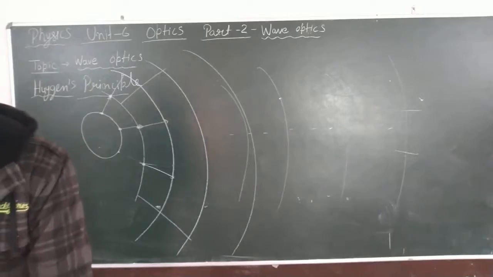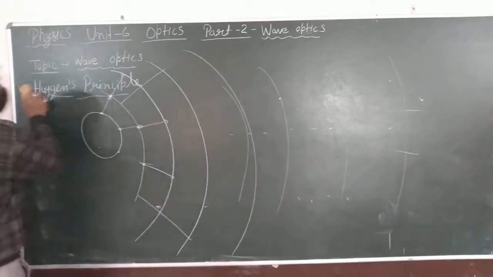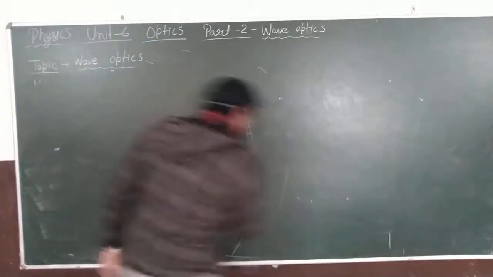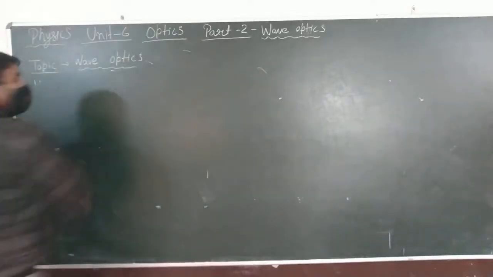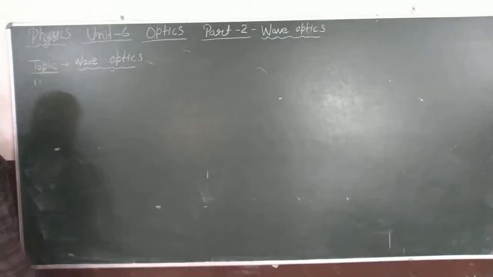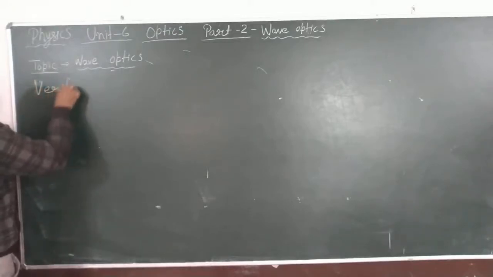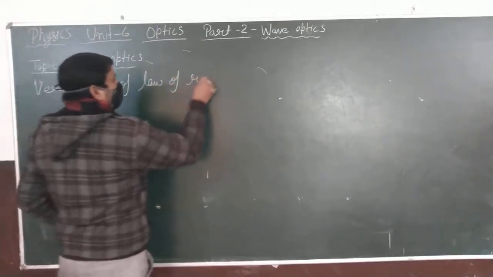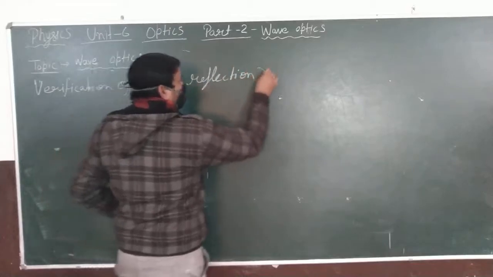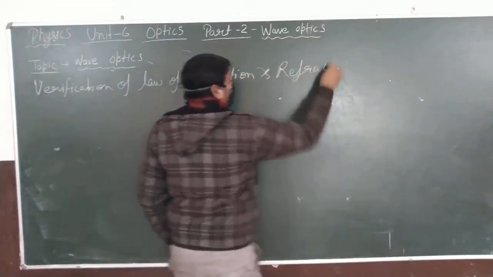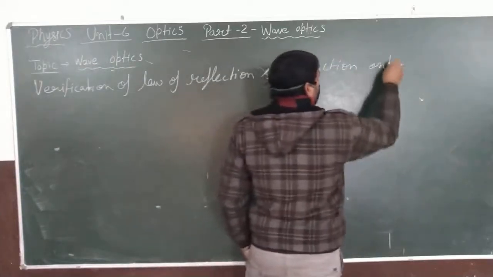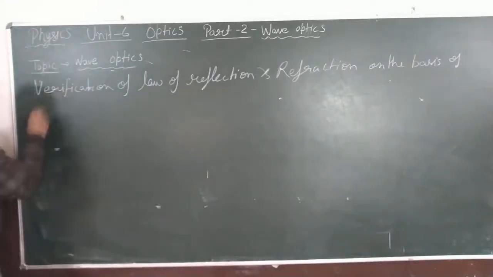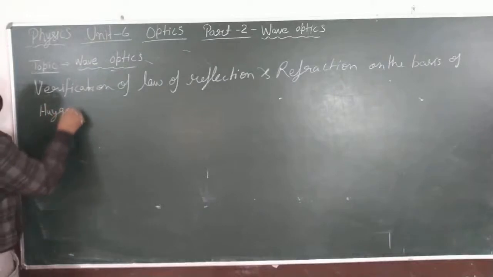Next, law of reflection and refraction. This is an important part: verification of the law of reflection and refraction on the basis of Huygens' theory.